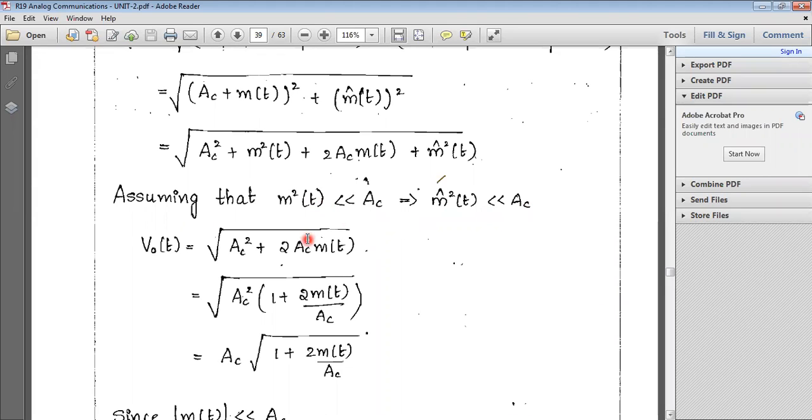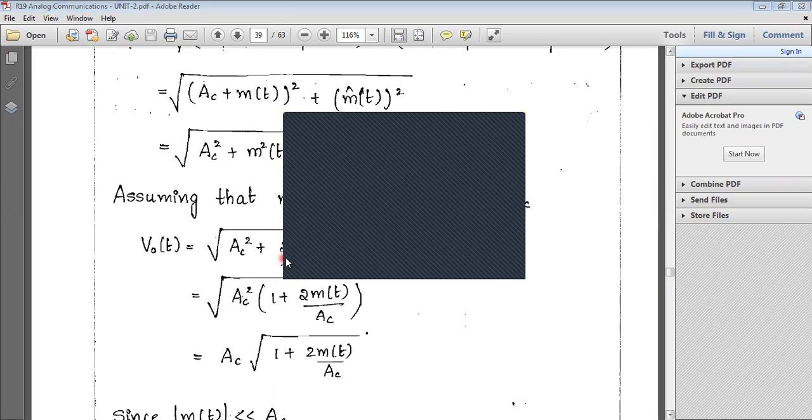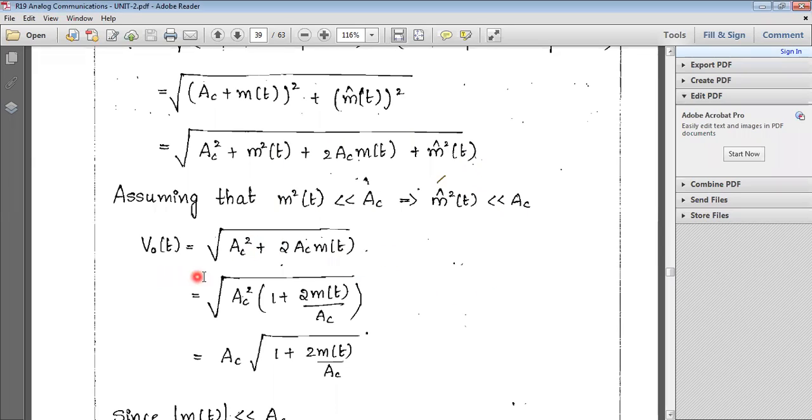By taking this assumption, the above equation becomes V naught of t equal to root of, so therefore, we neglect m square of t and m cap square of t. Then the above equation becomes AC square plus 2AC m of t.